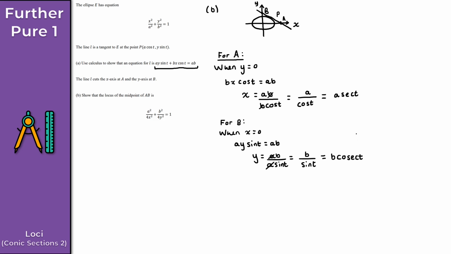So the b then has coordinates of 0, b cosec t. And for a here, this has coordinates of a sec t, and 0.